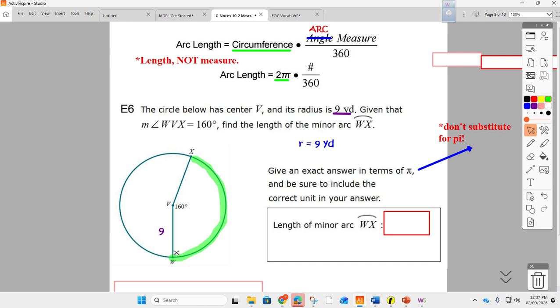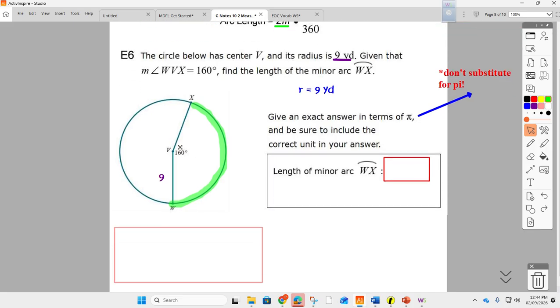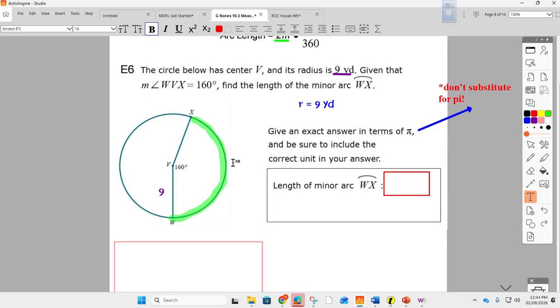So in this case, if this is 160 degrees, what is the measure of this arc? Is this a central angle or an inscribed angle? Central angle. So the measure of arc WX would be what? Elizabeth?